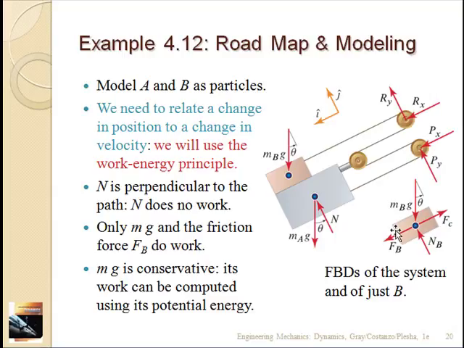Okay, so if we look at our free body diagram, there's gravity on this block, there's gravity on this block, and if we treat these as a system, then there's a normal force on the system due to the ramp. There's no friction here, remember. If we look at an individual block like this, there's a normal force between block B and A. There's a force from the spring, there's a friction force, and then there's gravity.